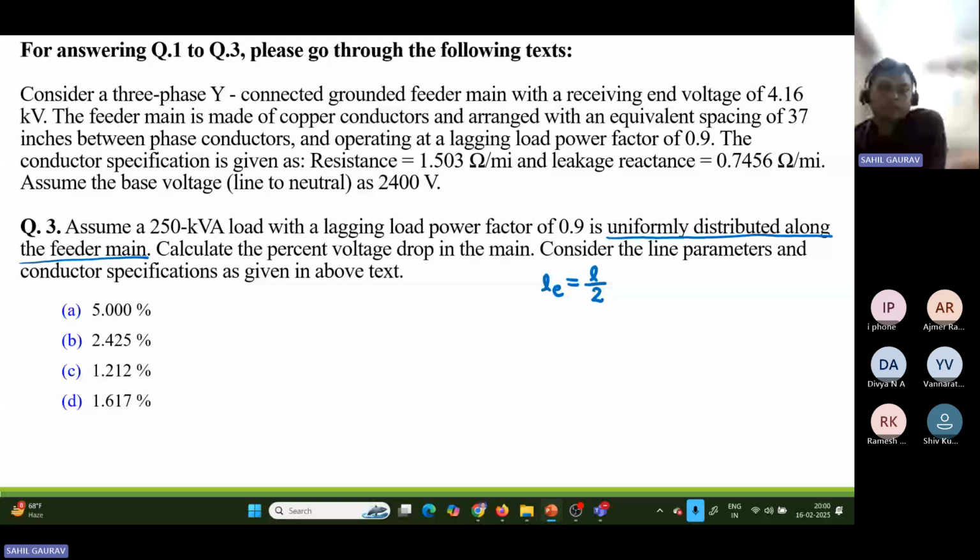Here they have not considered a square, hexagonal, octagonal or any shape with more than three feeders. In this figure there is only a single feeder, that's why L effective will be L by 2. If it were a triangular-shaped service area, then L effective will be 2L upon 3.